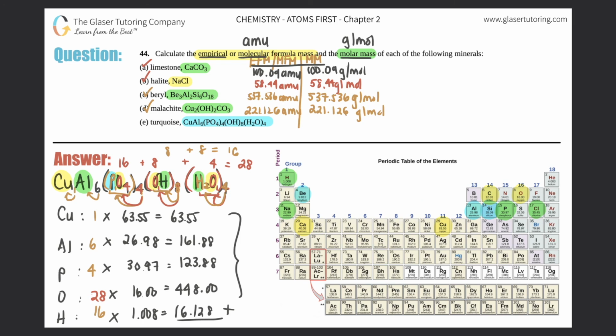Let me just make sure I did that properly. 16.128. Yeah, that should be good. So we get 813.438. So whether you're talking about molar mass, it would be 813.438 grams per mole. And if you're talking about empirical mass, or formula mass, it would be 813.438 AMU. That's the only difference. And box that answer off.